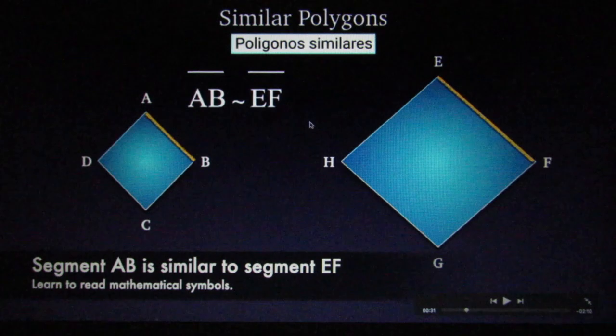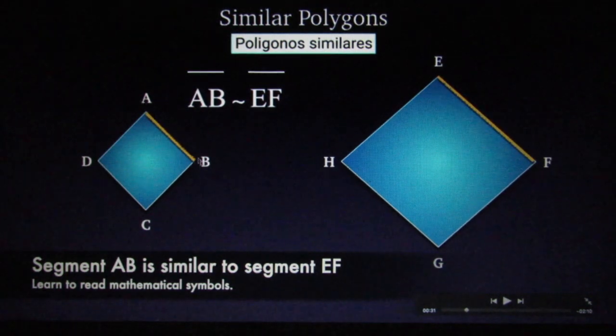Now, we need to know how to read this and understand that these segments, this top right side of this particular shape, segment AB, is similar to segment EF. Notice they're in the exact same position of the two polygons. It's easiest to do when they are in that exact same position. So again, segment AB is similar to segment EF.